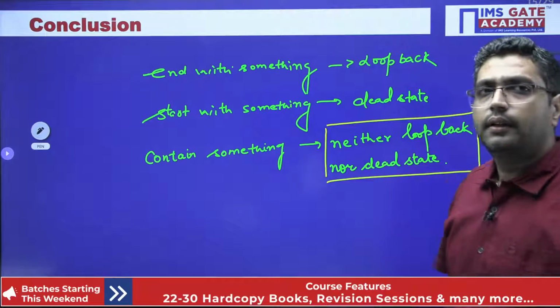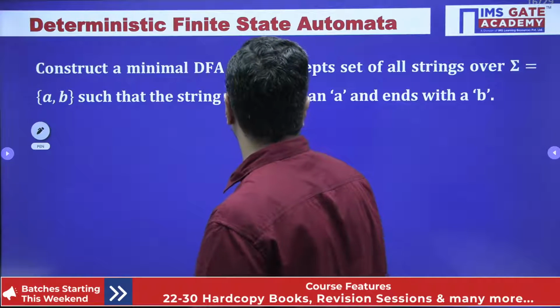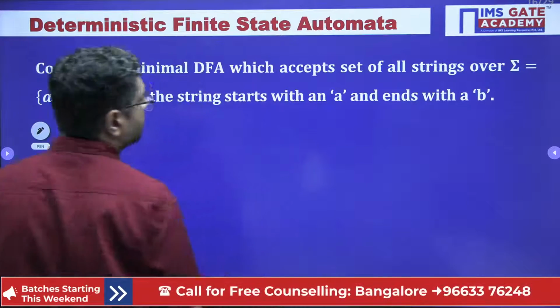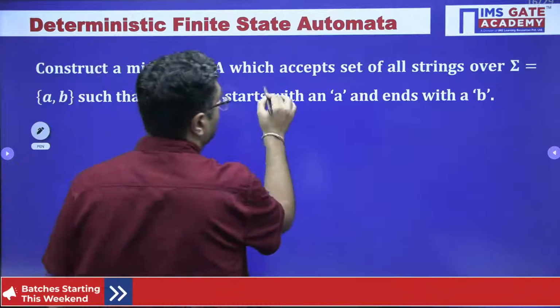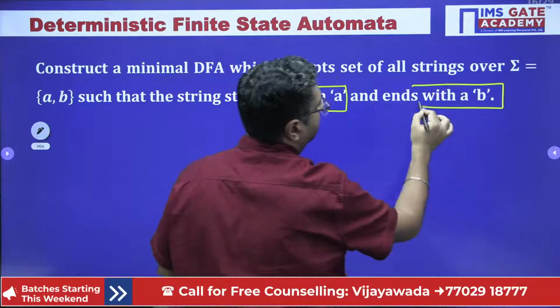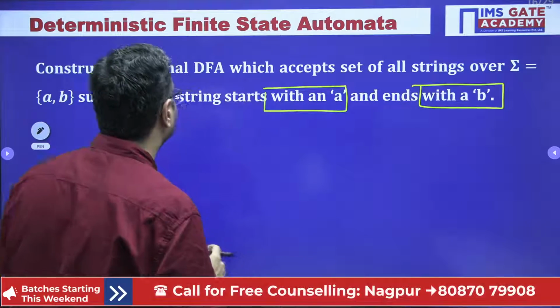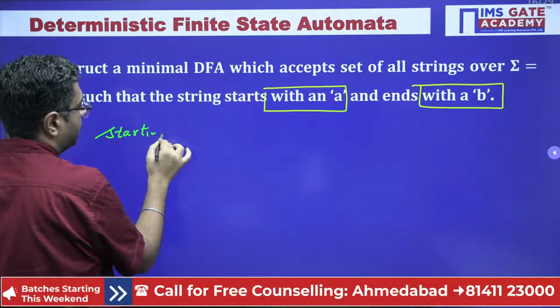So now let us solve another interesting DFA question, which says construct a minimal DFA which accepts the set of all strings over sigma equals {a, b} such that the string starts with an A and ends with a B. Starting with A and ending with B, right?